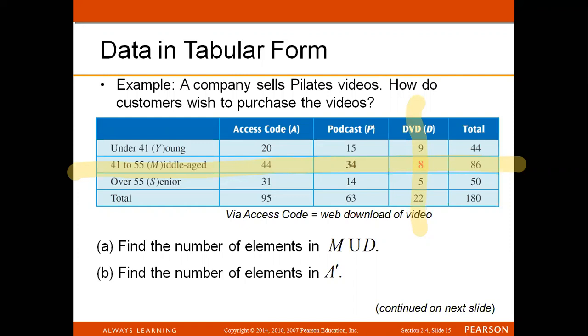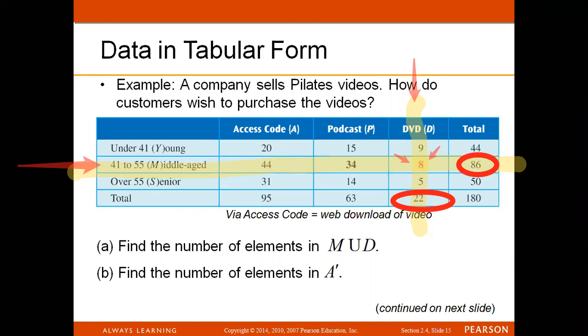Okay, so the union of these people, you would think, would be to add 86 and to add 22. But as you can see, when we went through the row of M, we picked up this 8. And when we went through the row of D, we picked up this 8. And so what we need to do is remove one instance of collecting the 8.